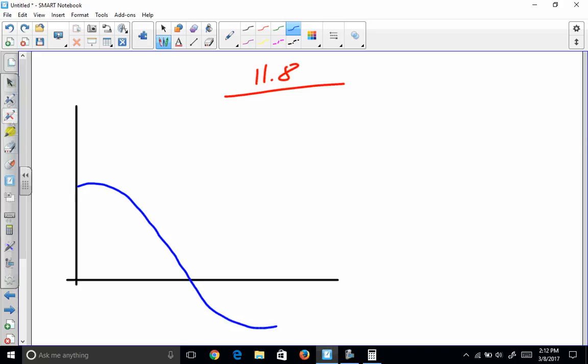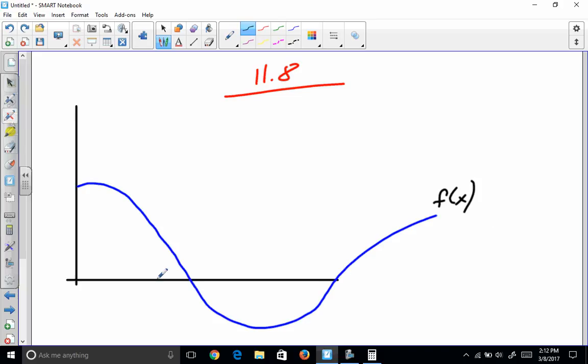Suppose it does something like this. Then the way this works is this function has several zeros. If we have a graph, we can look at them, we can figure out what they are, but if we're just given the function, that'd be less obvious.